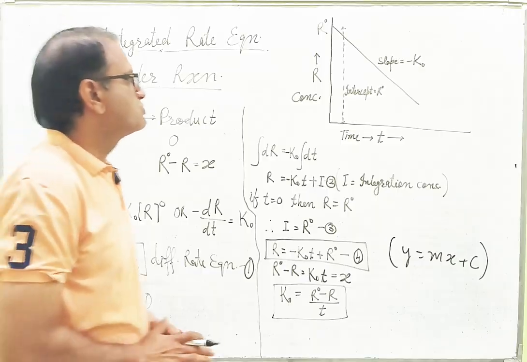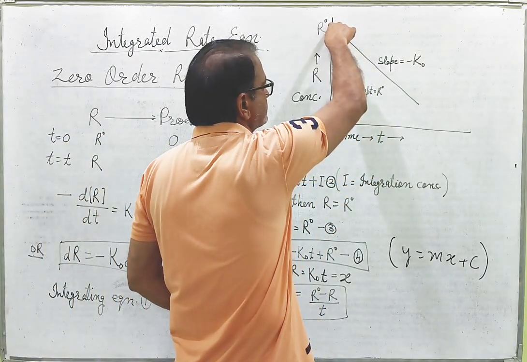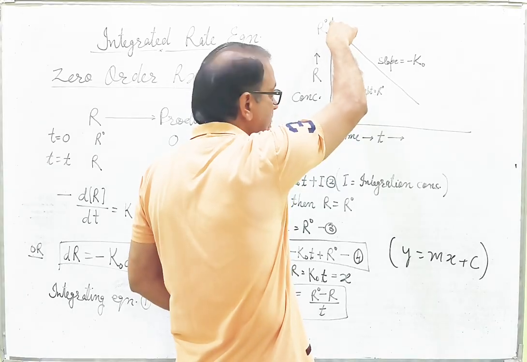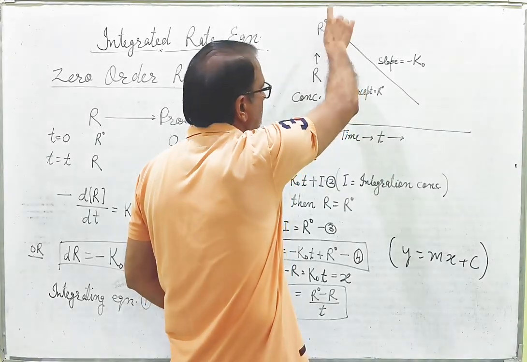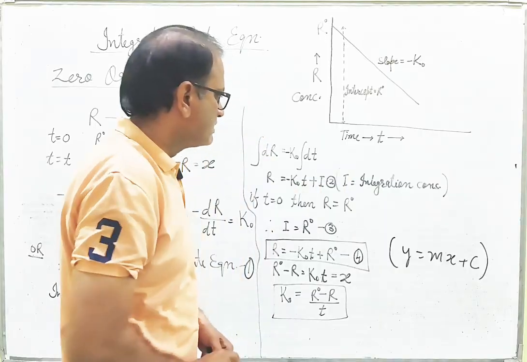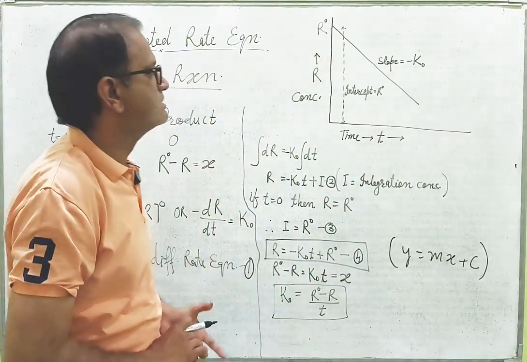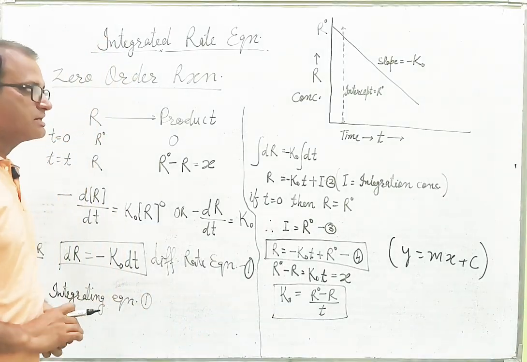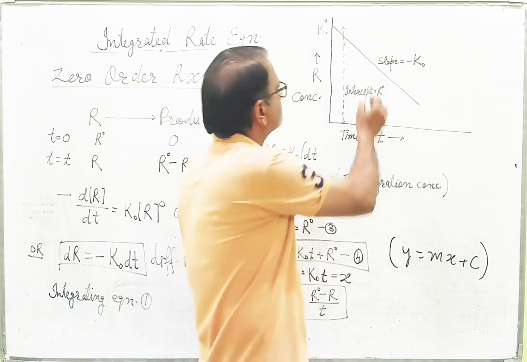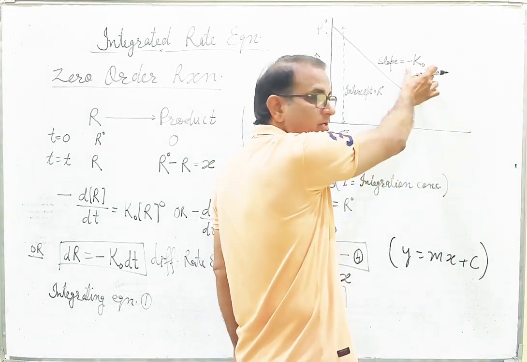Am I right? So this is the initial concentration of the reactant, R naught, and that is equal to the intercept. It means the intercept will be equal to the initial concentration in this graph, and the slope, that is tangent, will be equal to minus k.